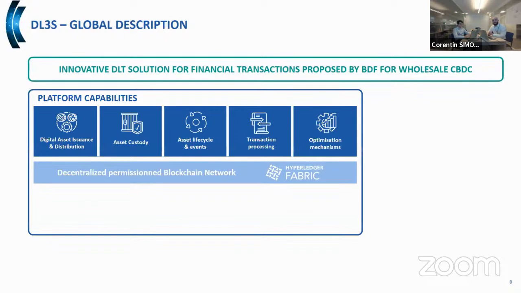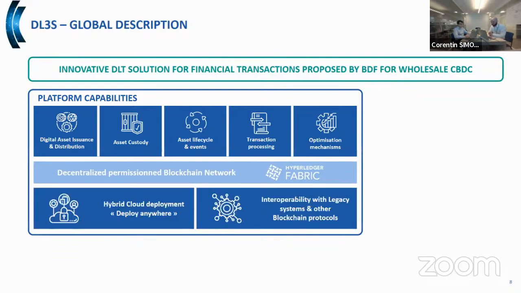I mentioned smart contracts, chaincodes, because all of this is built on Hyperledger Fabric, a decentralized permissioned blockchain network that I think everyone on the call has at least heard about. It was built with a hybrid cloud deployment philosophy where the solution can be deployed anywhere, with the idea of having interoperability with legacy systems, but also other blockchain protocols.